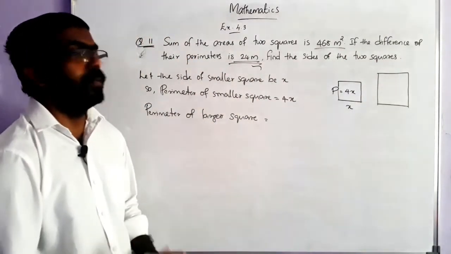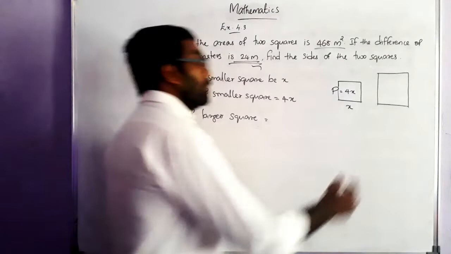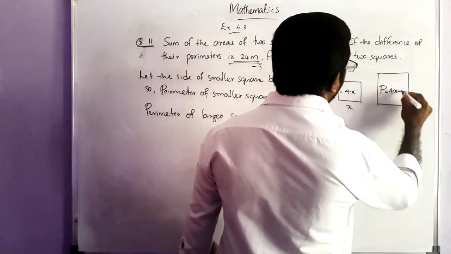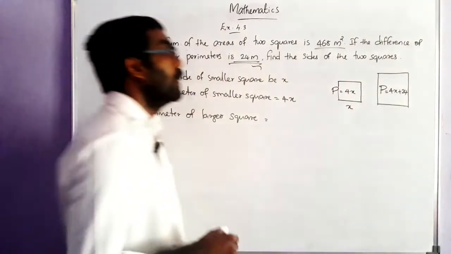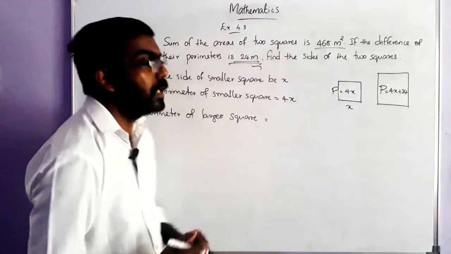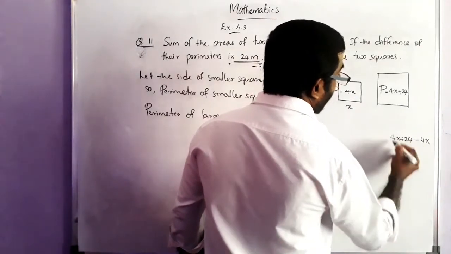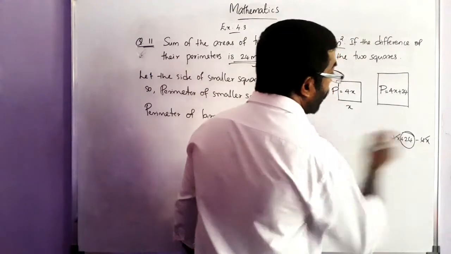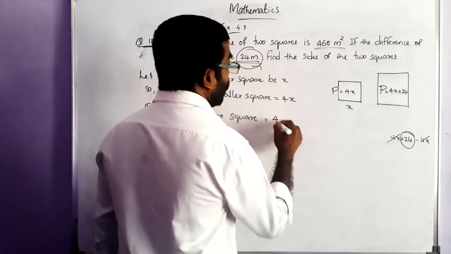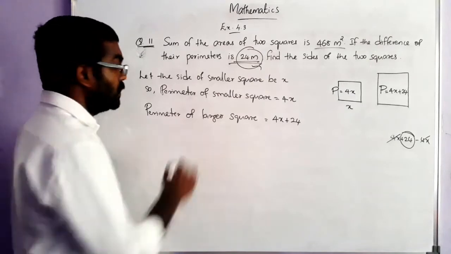The difference between the perimeters of two squares is how much? 24 meter. So the perimeter of the larger square will be 4x plus 24, 24 more than the smaller one. Then only we will get 24 after taking the difference. That is 4x plus 24 minus 4x. Plus 4x minus 4x cancel. We will get the number 24. Clear? So the perimeter of the larger square is 4x plus 24.